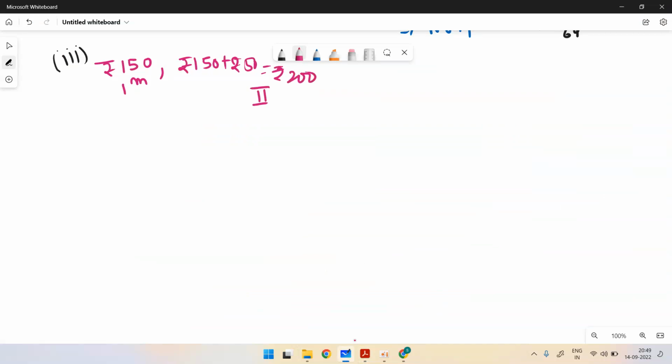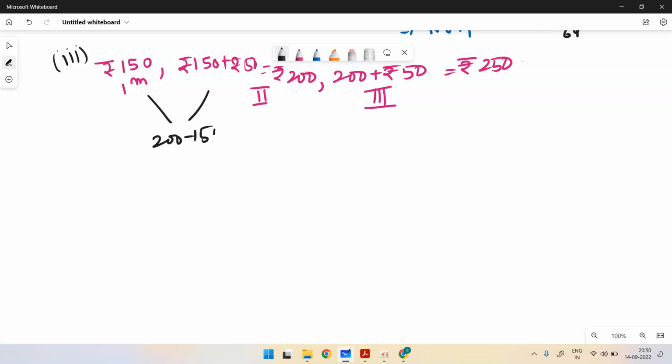And for 3 meters, if you calculate the cost, it will be 200 plus the additional rupees 50, so it is nothing but rupees 250. Now if you see this series, this is 150, and the difference is 200 minus 150, which is rupees 50.